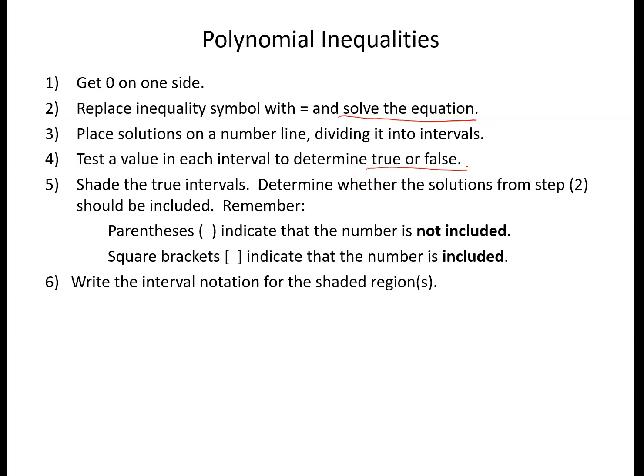So you're going to substitute into your inequality, determine if that statement is true or false. And then, step 5, shade the true intervals. So you are shading the solutions. And here is the information we just reviewed, that parentheses indicate a number is not included. Square brackets indicate the number is included. And the last step, write the interval notation for the shaded regions.